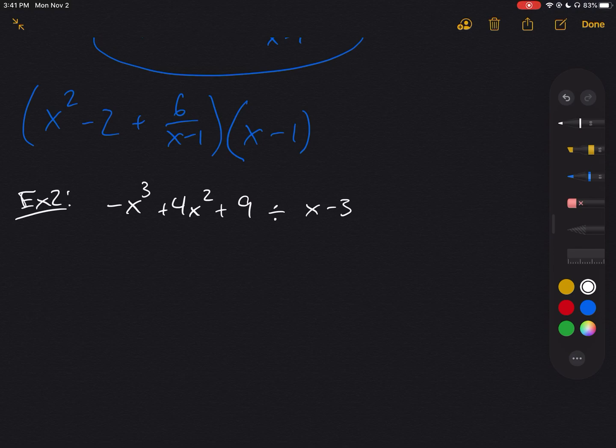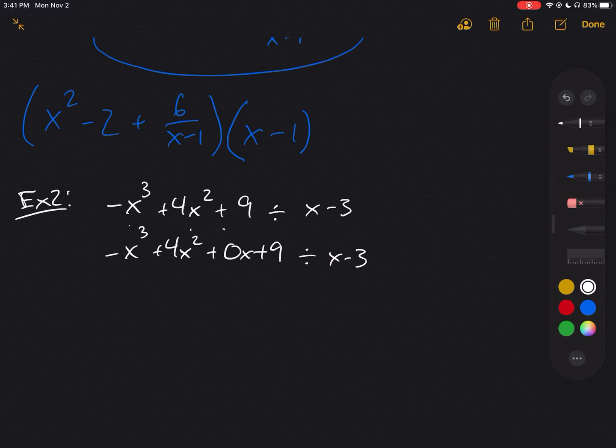So this is where it's important to keep in mind, you guys remember we talked about standard form. We've got to look out for any missing terms that I may have, right? I've got x cubed, I've got x squared, but I don't have an x term, so what I want to do is rewrite this with a 0x placeholder, plus 9, divided by x minus 3, right?